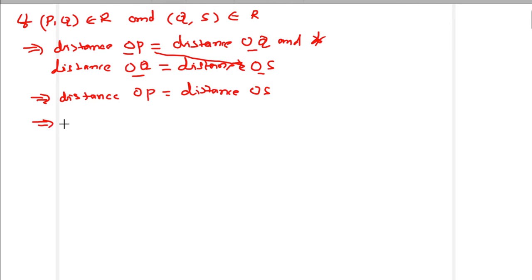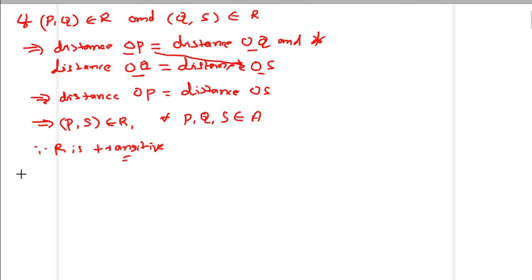This implies (P, S) belongs to R for all P, Q, S belongs to A. Therefore, R is a transitive relation.